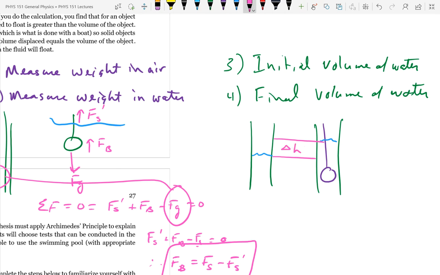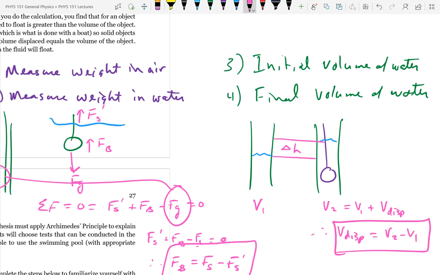So this change in height times the area gives you the change in volume. You're just measuring directly the change in volume. And that's how you're calculating the volume displaced.